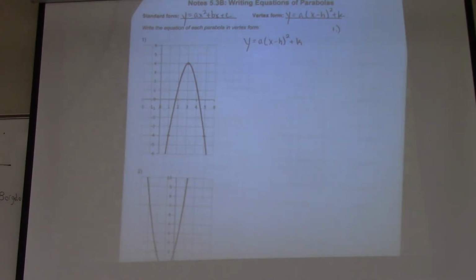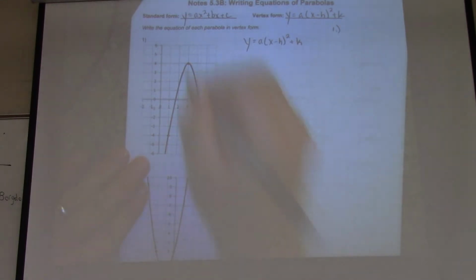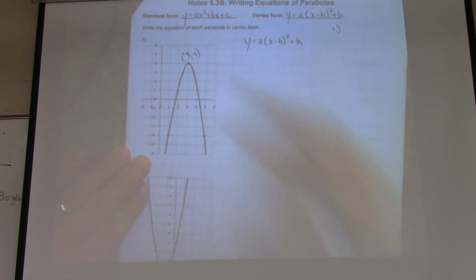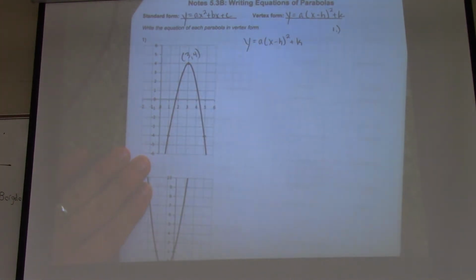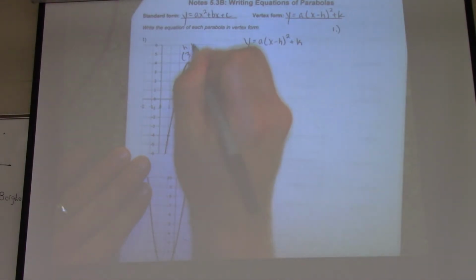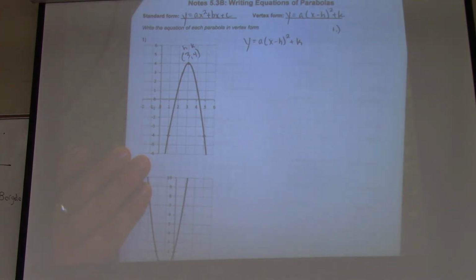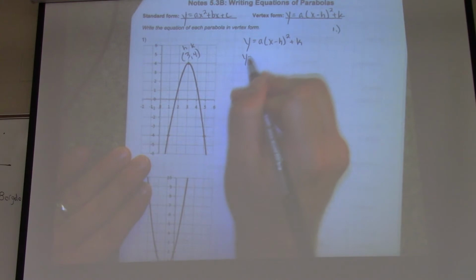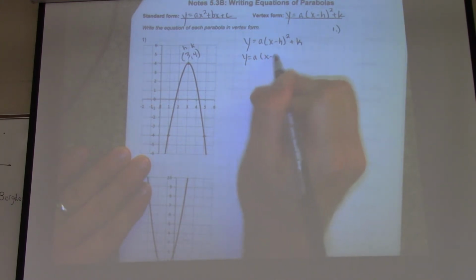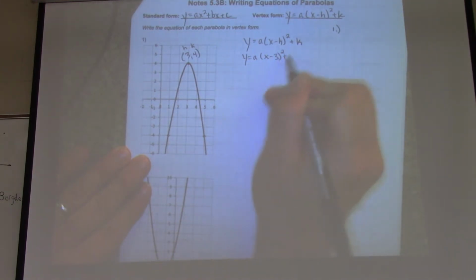You find the vertex. Tell me what it is. The vertex is (3, 4). Why would I want that? So you can plug it in, to my h and my k. You plug it into your h and your k. So y equals a times (x minus 3) squared plus 4.